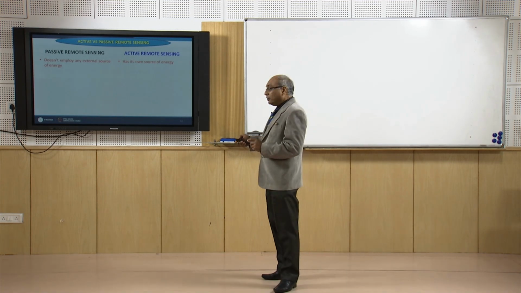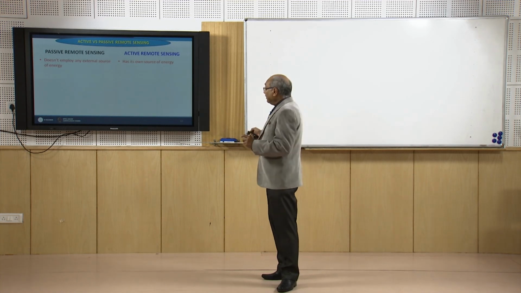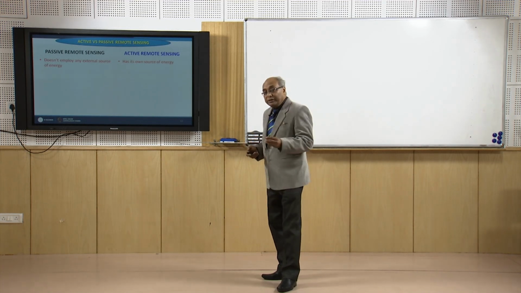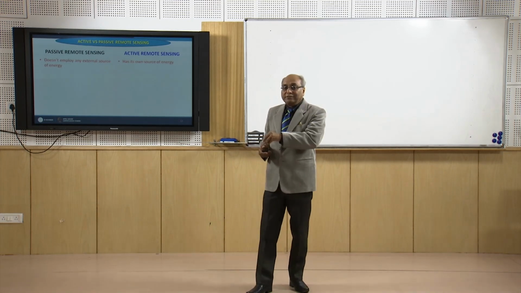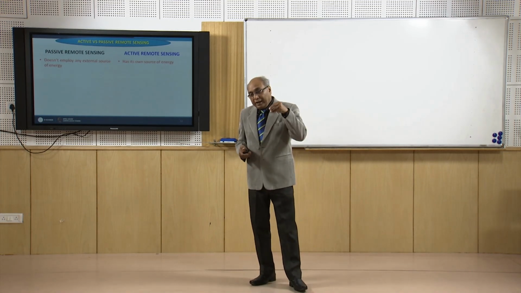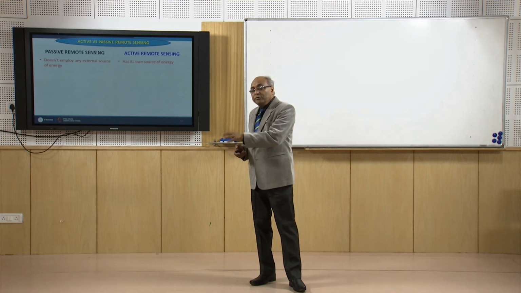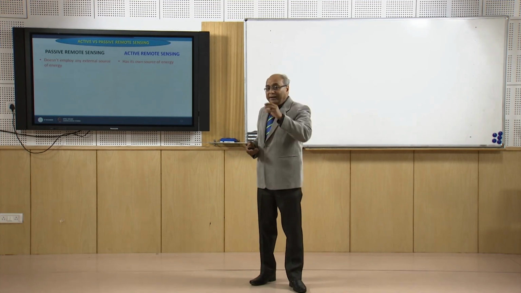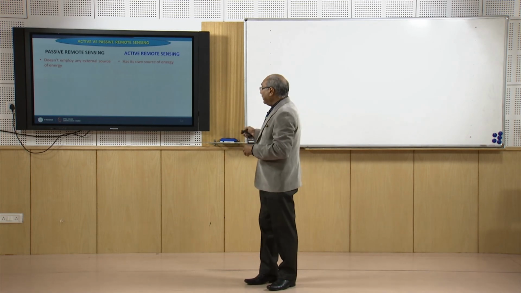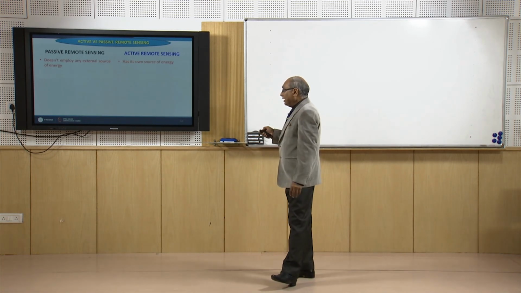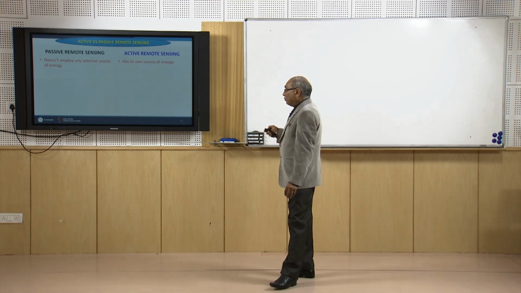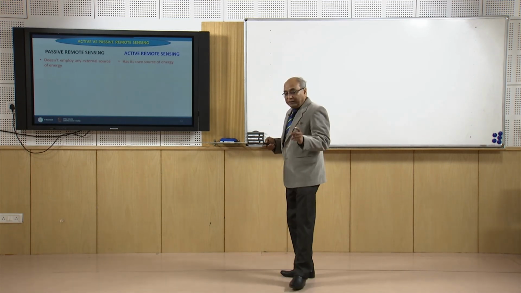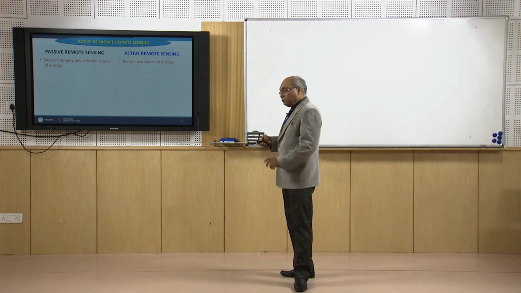For that you do not require any external source of energy. Whereas in active remote sensing, the satellite or the sensor itself has to send some signals, energy, which is attenuated, reflected back, and then collected later. That is why it is less common, but it is becoming a very powerful tool of remote sensing, especially SAR interferometry, which we will see a little later.